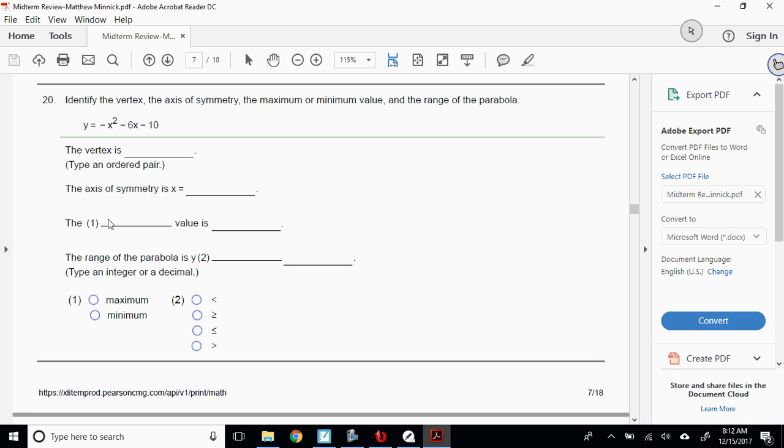The maximum value is the y-coordinate of the vertex, which is -1. And the range is y is less than or equal to -1. If you'd like to see that one worked out, ask questions at the end and I'll gladly show it. I used completing the square when I did that. There's a little trick to that one. So that's 20.